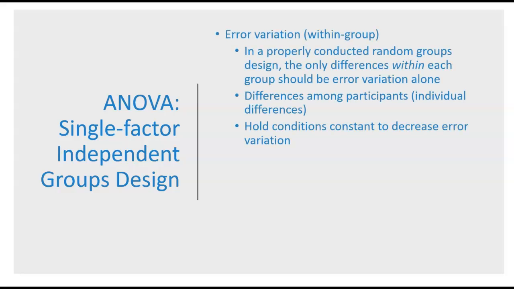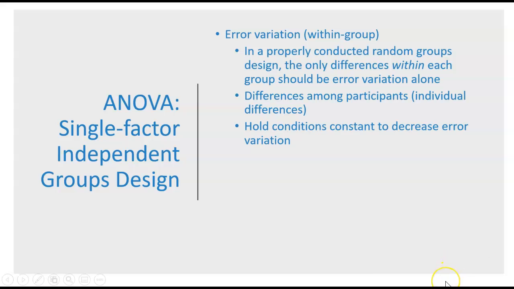Now, to explore just a little bit further the 2 types of variation that are involved in the F-test, you have error variation, or within groups variation. If you've done a random groups design, the only difference between your groups should be the error variation, because you're randomly assigning them to groups.